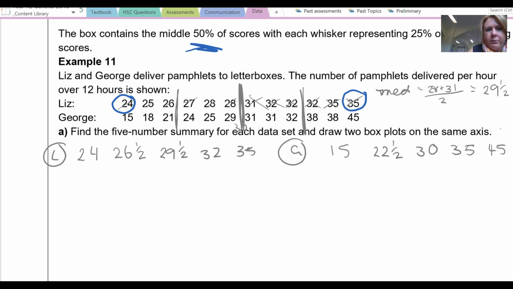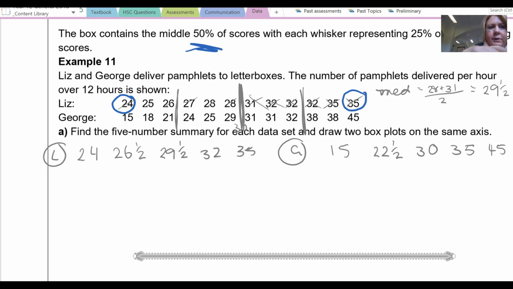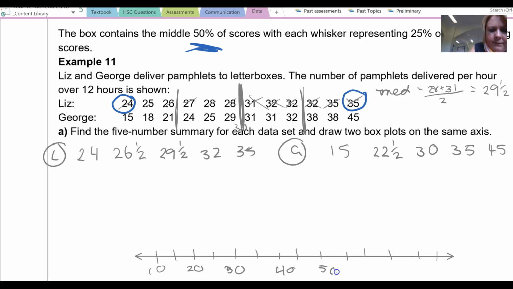Now, to draw a box and whisker plot, the first thing I need is a scale. So my lowest number is 15 and my highest is 45. So if I go up, and you would obviously use a ruler, and yours would look better than mine. But if I go up, start at 10 and go up by 5s, 40, 50.